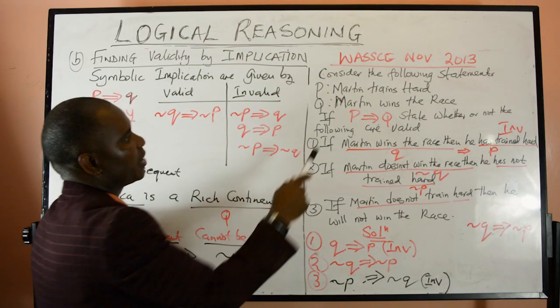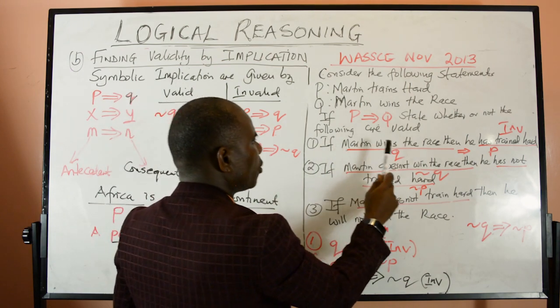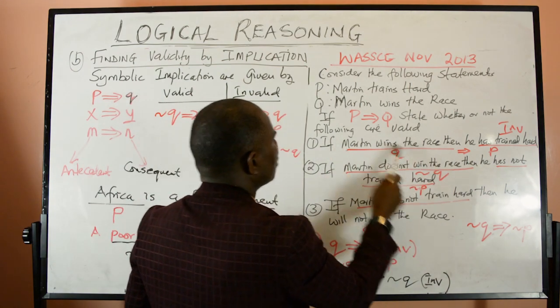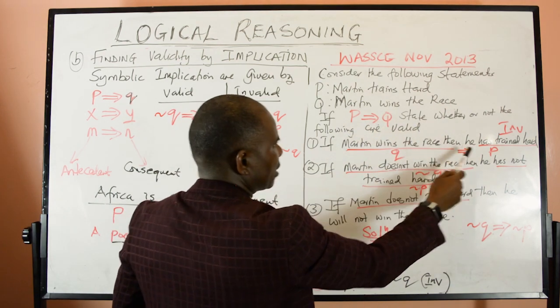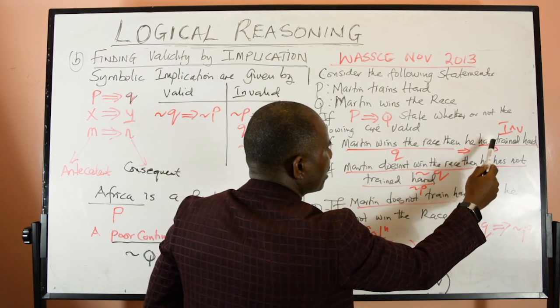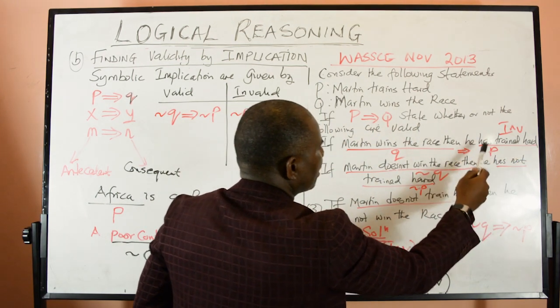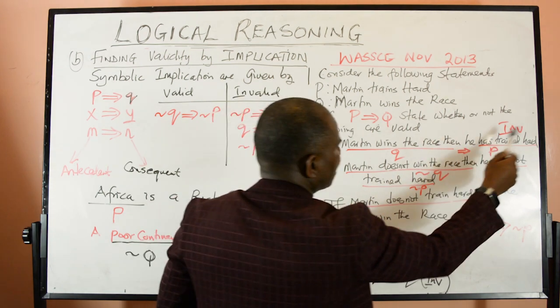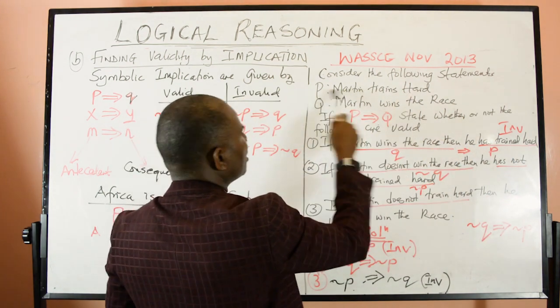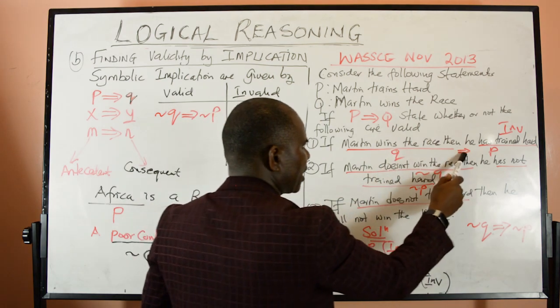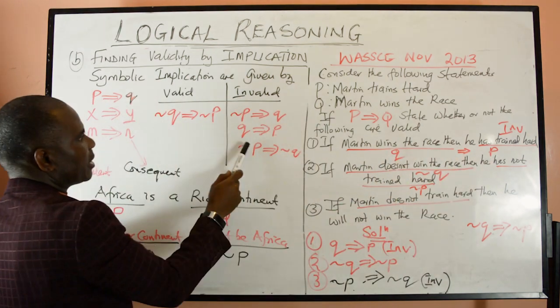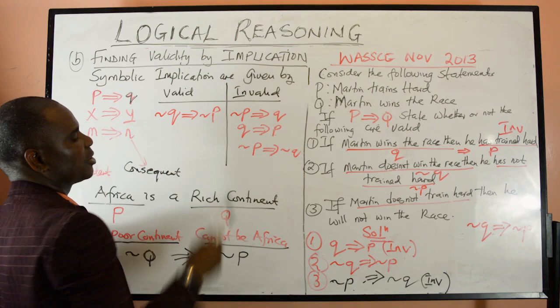First one is Martin wins the race. That is Q. Then he has trained hard. He has trained hard is P. So that is Q implies P, which is an invalid assertion. So it makes the statement invalid.